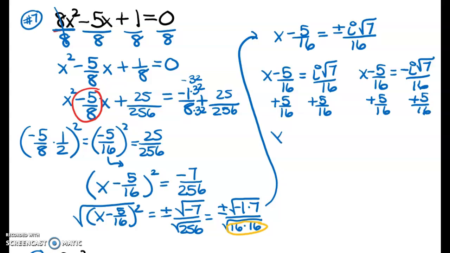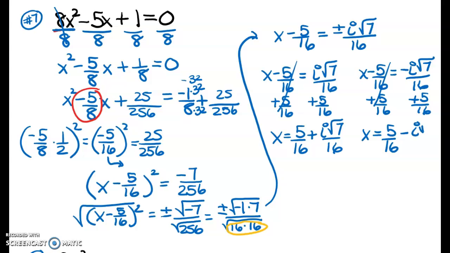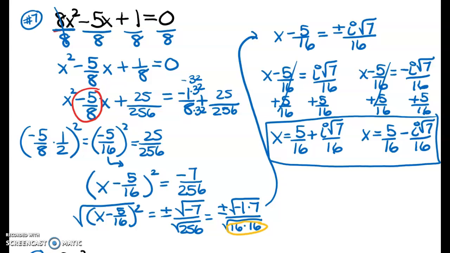And then I get a positive 5/16 plus i radical 7 over 16. And then for the other side, I get a positive 5/16 minus i radical 7 over 16. And those are the two answers for this equation.